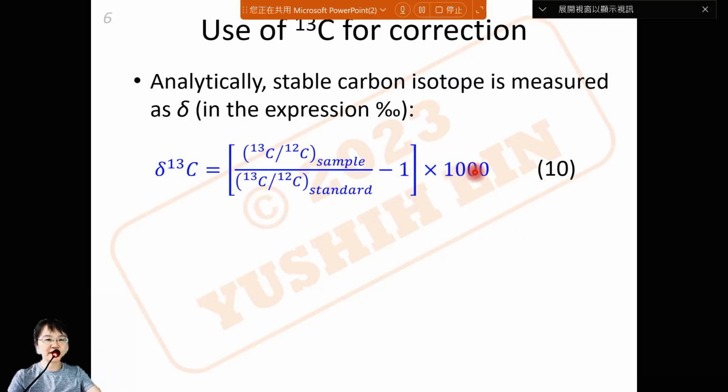Without times 1000, the value here would have many zeros in the decimal places, and this will make it very difficult to read. That's the reason scientists decided that we need to times 1000 and present with per mil.